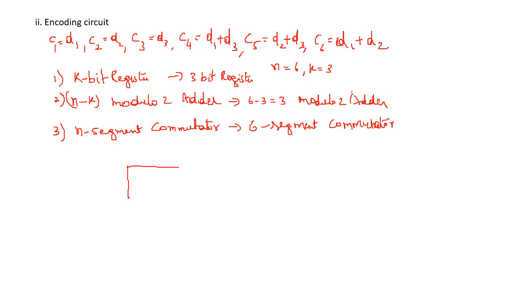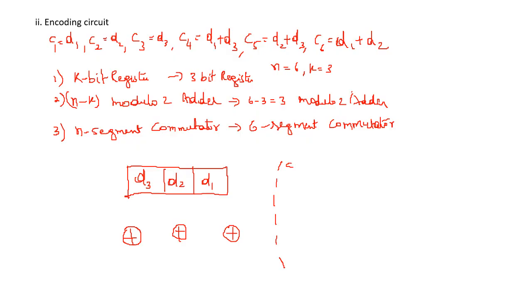So we are going to have a 3-bit register which will hold D1, D2 and D3, and we'll have 3 modulo adders. So first modulo adder, second modulo adder, third modulo adder, and a 6 segment commutator. So 1, 2, 3, 4, 5, 6. So this will be C1, this will be C2, this is C3, C4, C5, C6, and it is connected like this to a rotary motor and given to the channel.